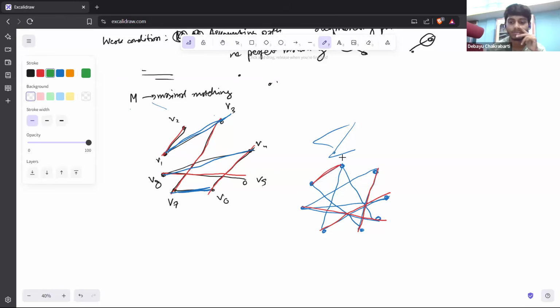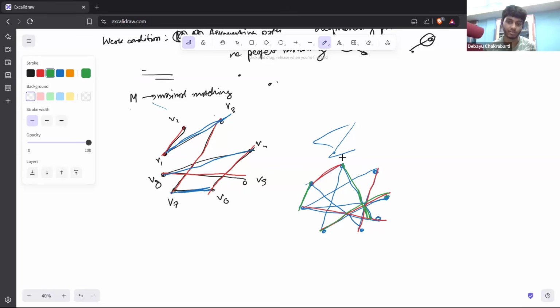Can't make a graph. Okay, perfect. Let's add this edge. Now we can consider this matching. Oh, then this is a perfect matching. That's not nice. Anyways, let's just ignore this edge.